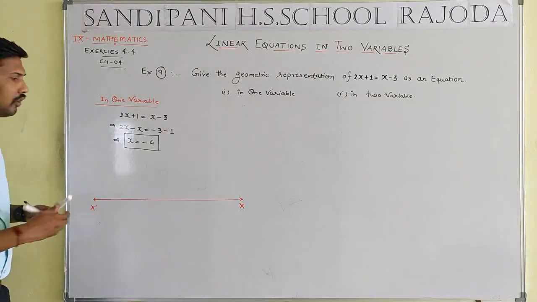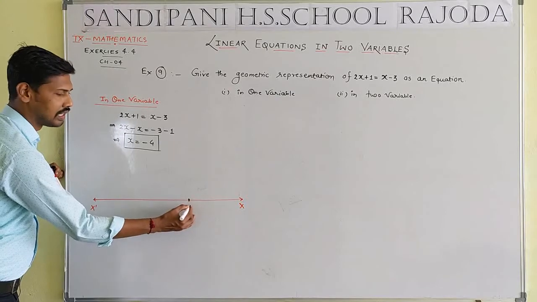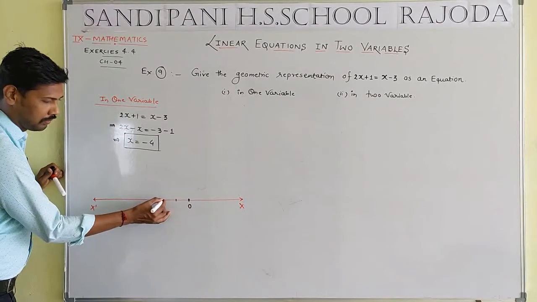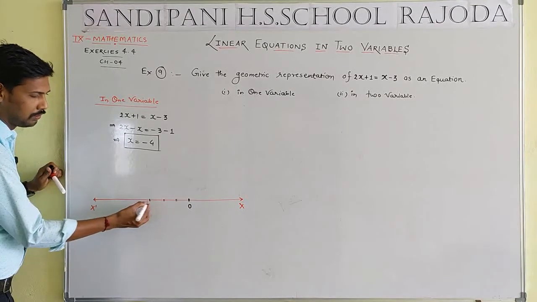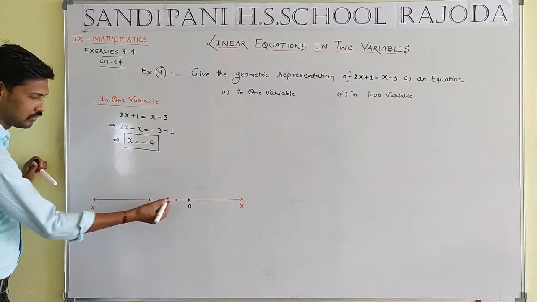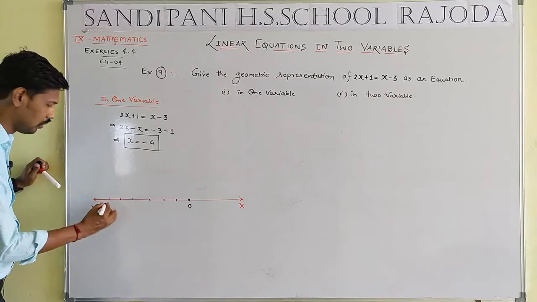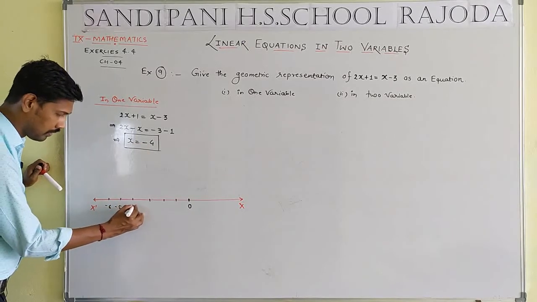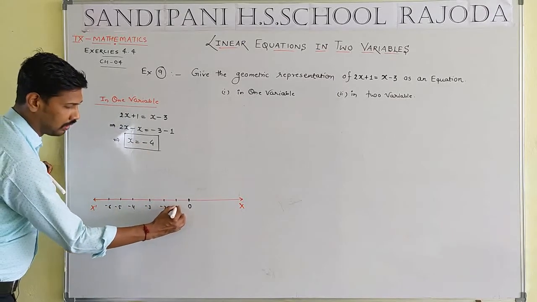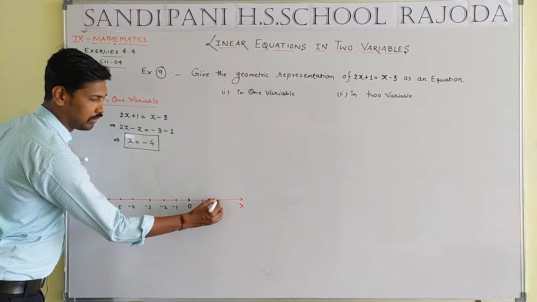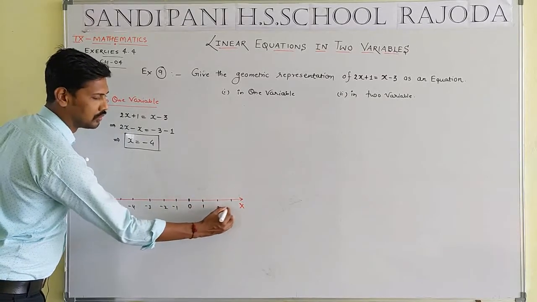Let we consider O is any center. +1, +2, +3, but negative side -1, -2, -3, -4, -5, -6 and so on. And other side we taking +1, +2, +3 and so on.